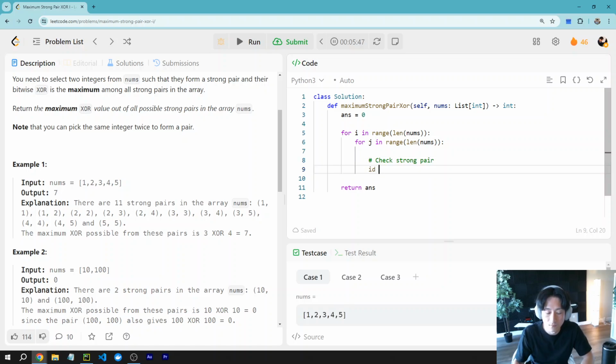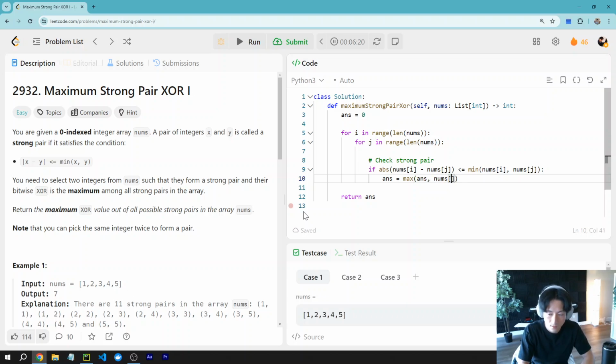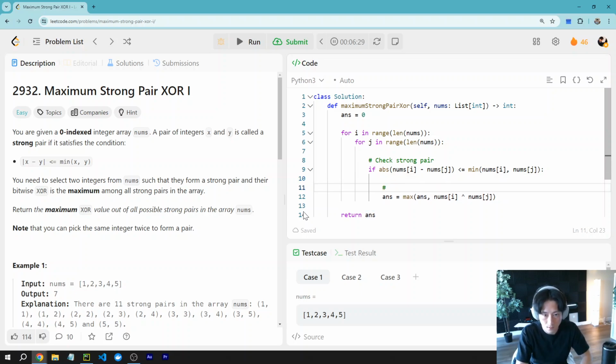The definition is abs of nums[i] minus nums[j] is smaller than or equal to the minimum of nums[i] and nums[j]. So this is a strong pair. In that case, I'm gonna update answer by the maximum of current answer or nums[i] caret nums[j], the XOR.